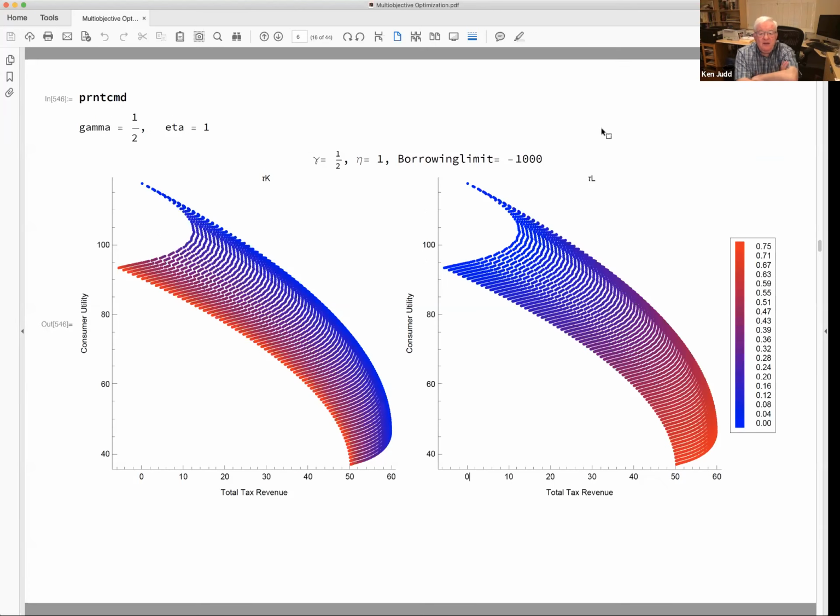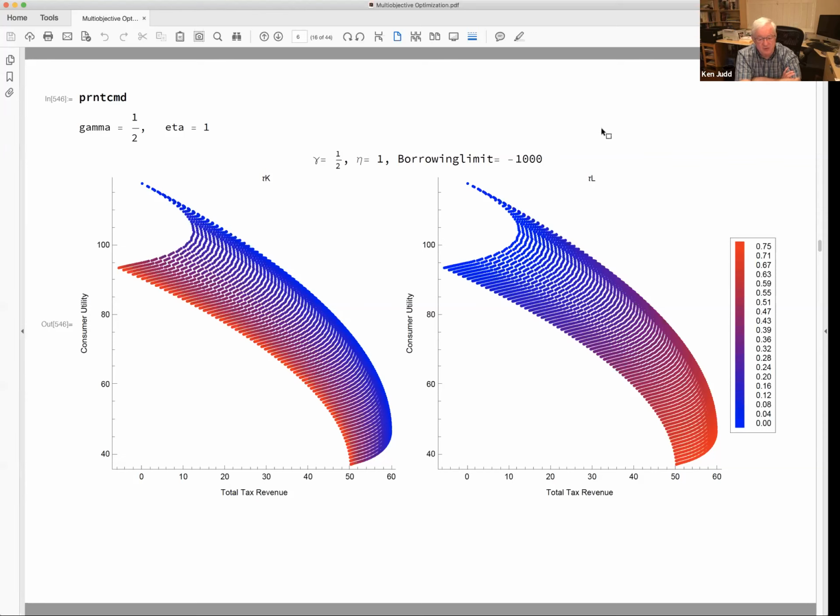Now, here is a plot of the entire set of points that I examined. I believe the size of this was 75 by 75, which is a bit over 50,000 points.